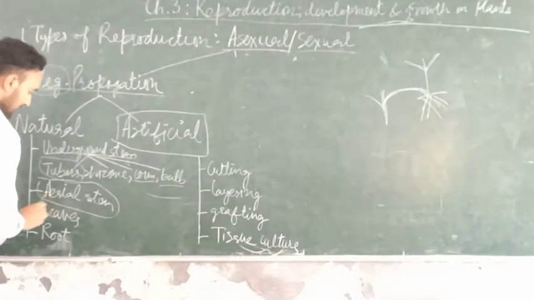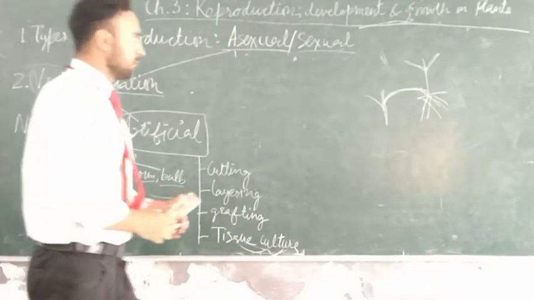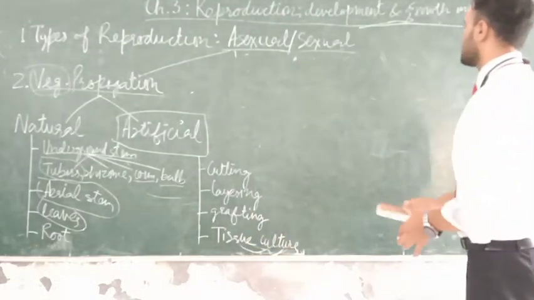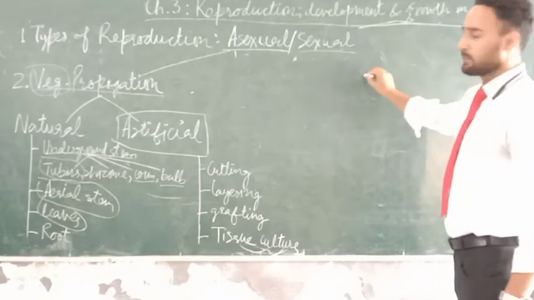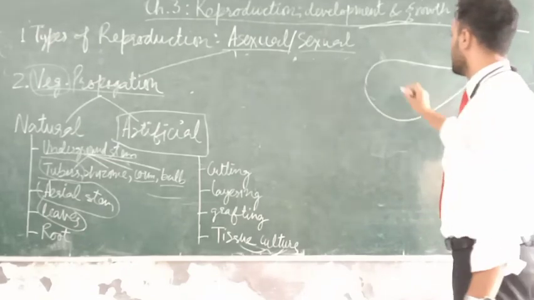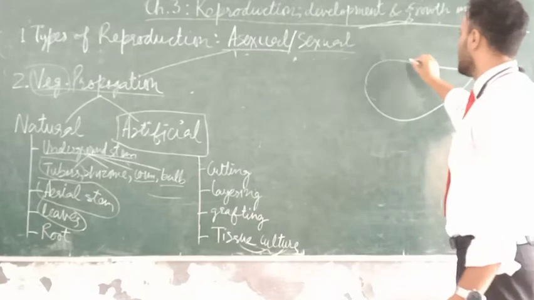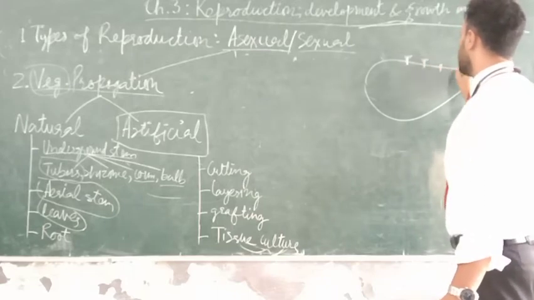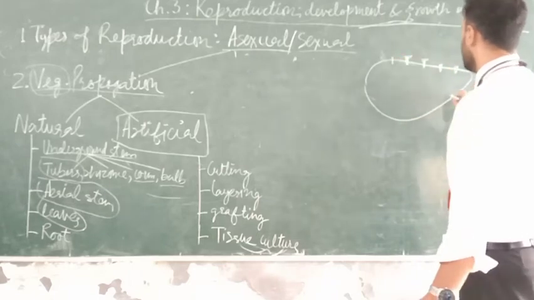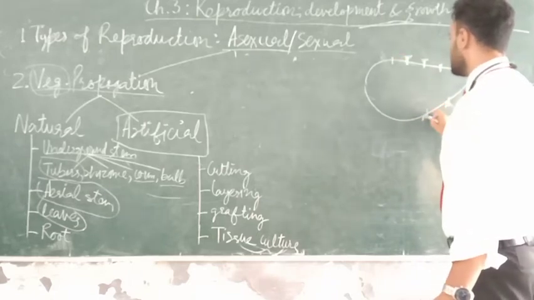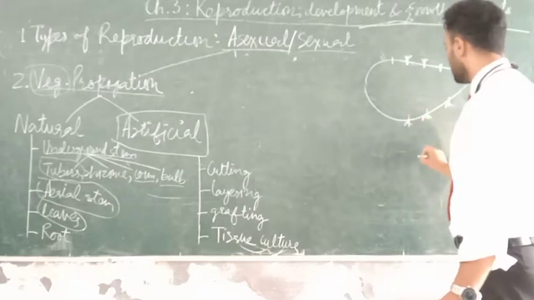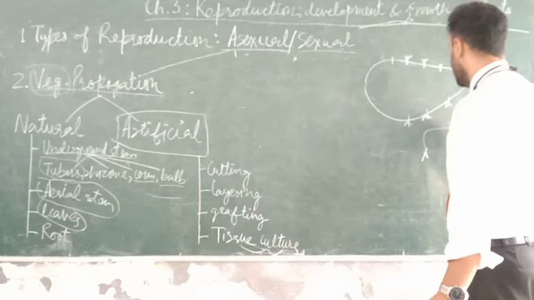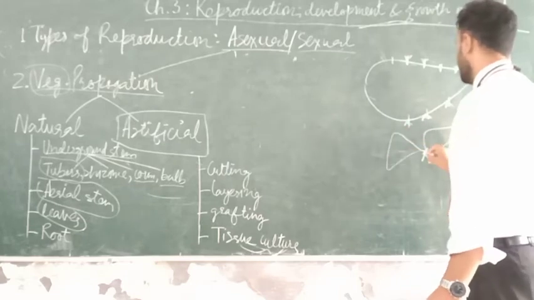And next is the leaves. Vegetative propagation can also happen through the leaves, as in the example of bryophyllum. Suppose this is the bryophyllum leaf here. The bryophyllum leaf has buds on the margins, and when these buds get detached from the parent leaf and fall to the ground, they can grow into a new plant.